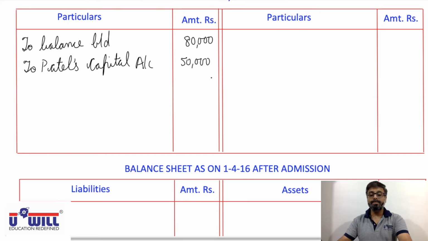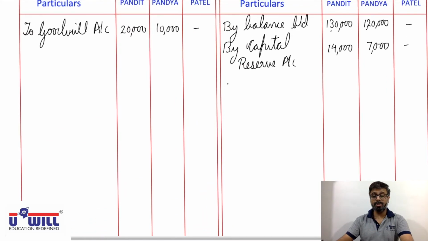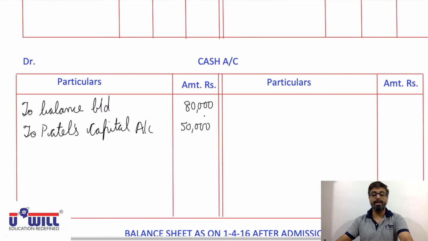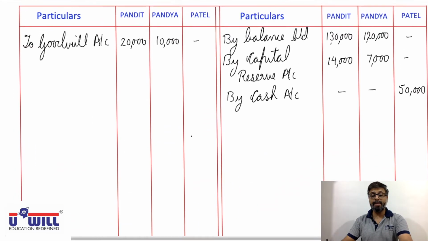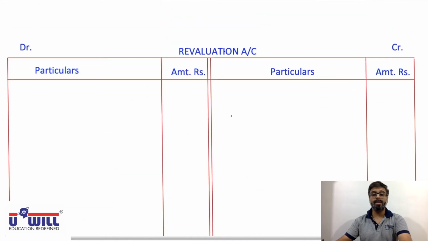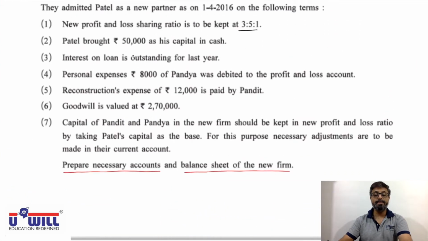And in the partners' capital account, on the credit side, by cash account in Patel's column 50,000. Okay, so the second adjustment is done.